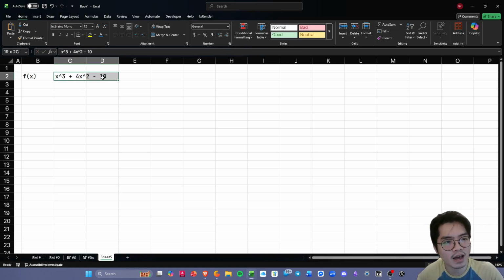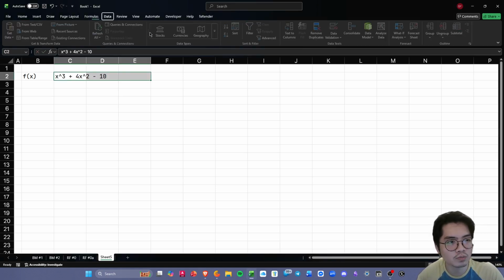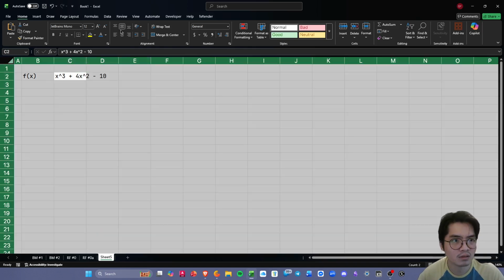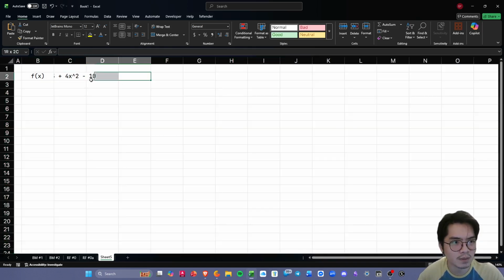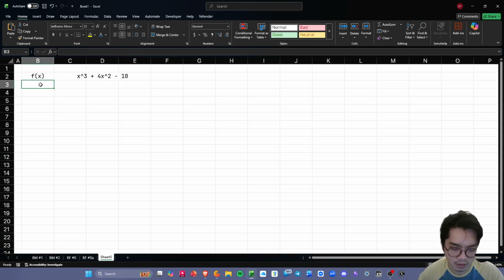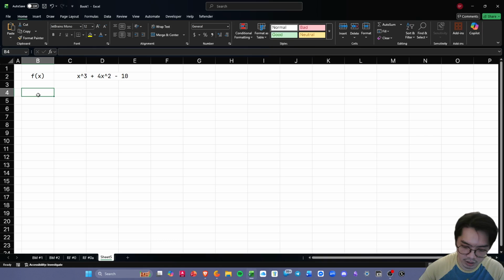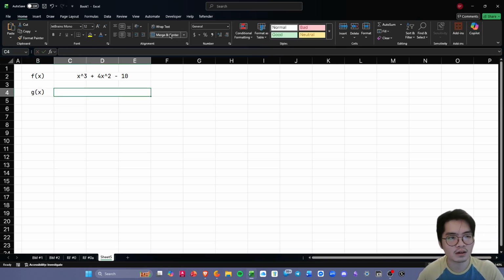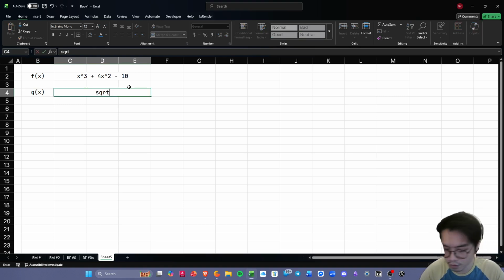And then now we will do this. Let's center everybody. Merge and center. My g of x in here, the thing I will put in here is, what was that again? Square root of 10 all over x plus 4.